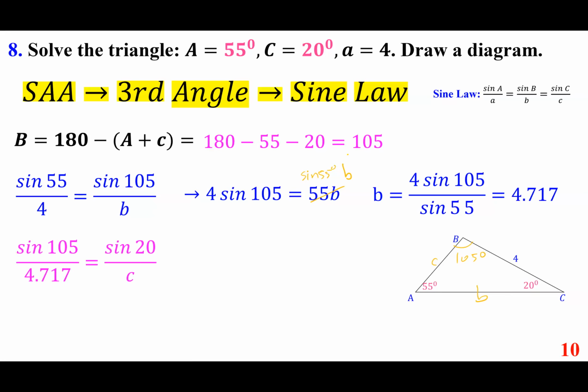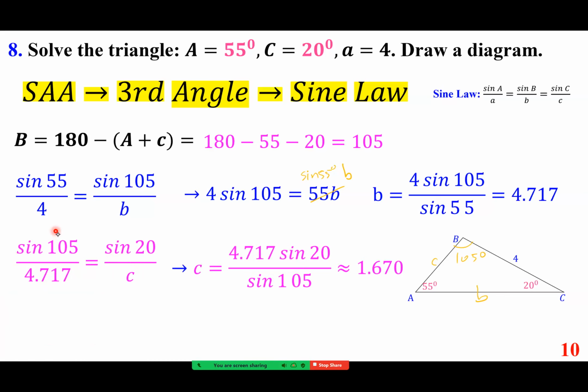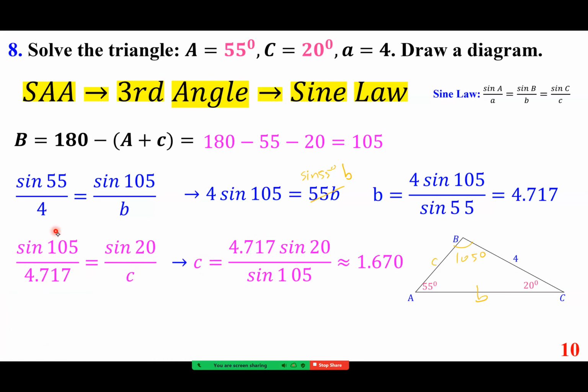Sine of 105 over 4.77, sine of 20 over c, and c would be the product of these two over sine of 105. Now, I did that, but I highly recommend you check. I highly recommend you use this one. I've done this on purpose.